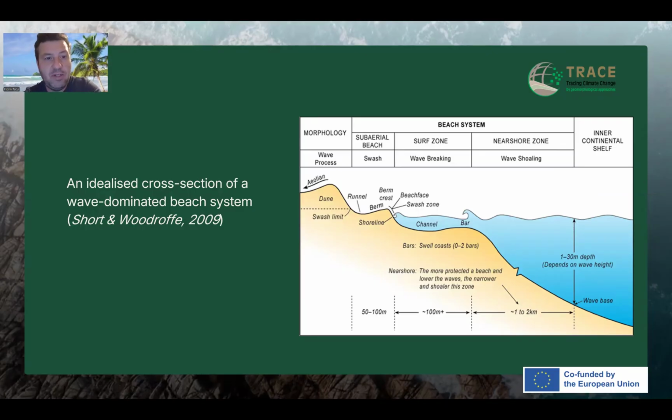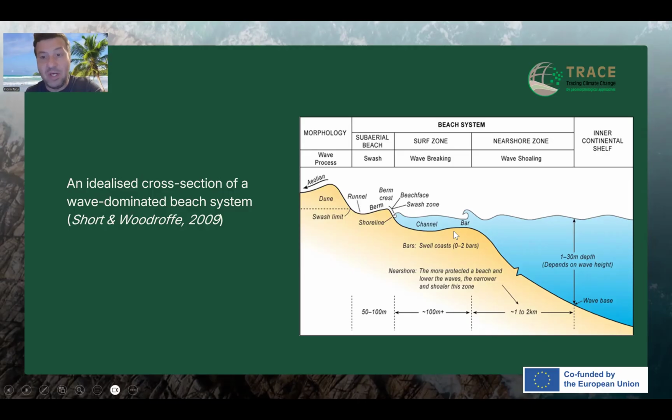And here we have an idealized cross section of a wave dominated beach system, and you can see that on all the worldwide coast we have a subaerial part of the coast, which can have a beach, dunes, cliffs, and other landforms, and a submerged part of the profile.